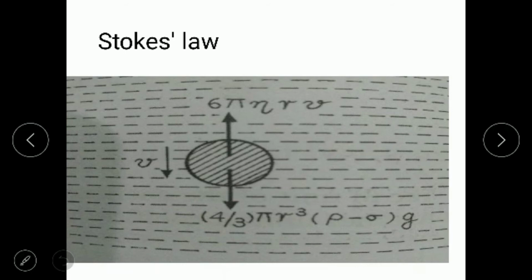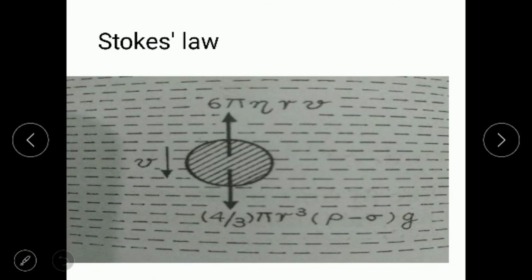Now when a ball is gently dropped in a liquid, in the initial stage the velocity of the ball is very small, as in the beginning the viscous force is negligible. So the ball falls with acceleration developed due to its effective weight.